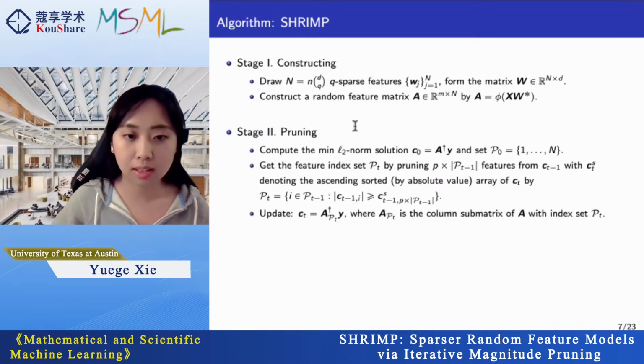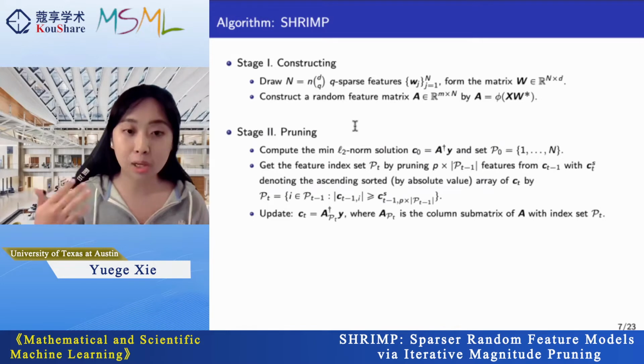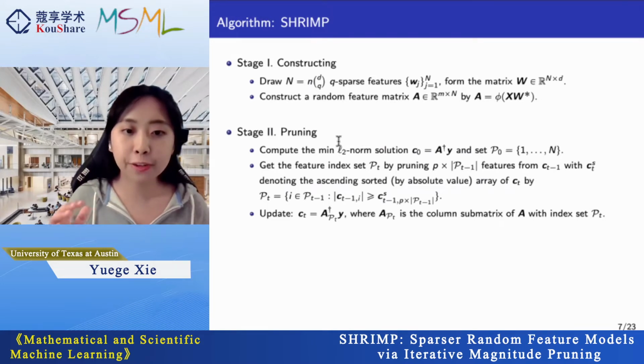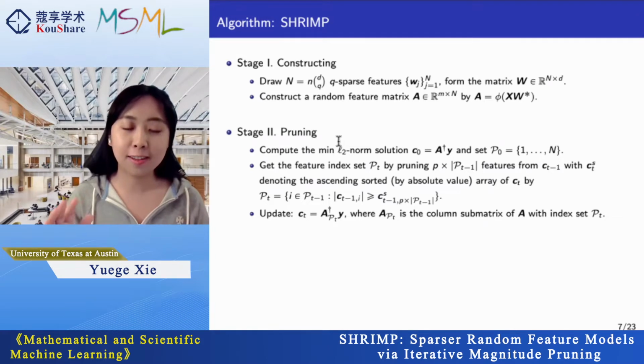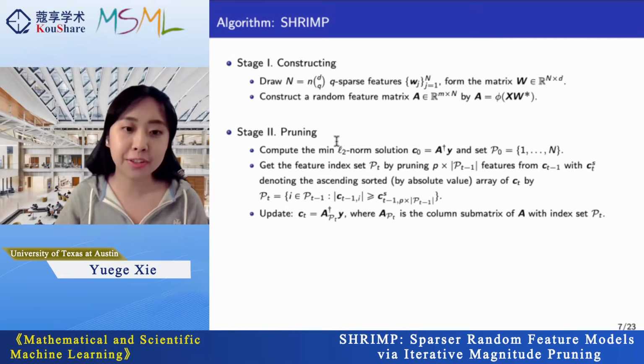And after constructing the feature matrix, we will do the pruning process. That's our stage two. For stage two, just like iterative magnitude pruning, at the very first we want to have a convergent network.